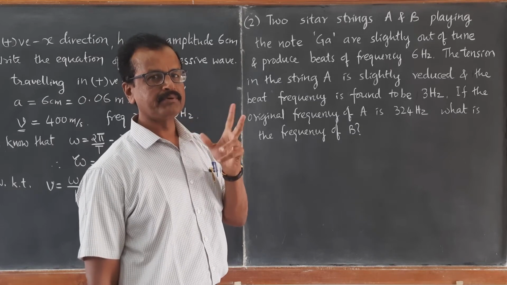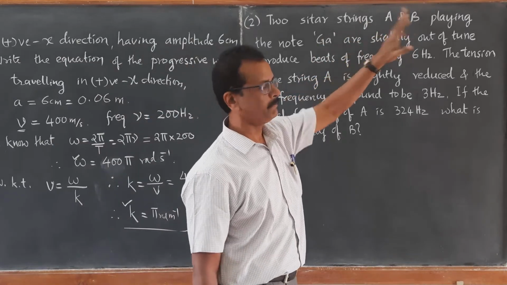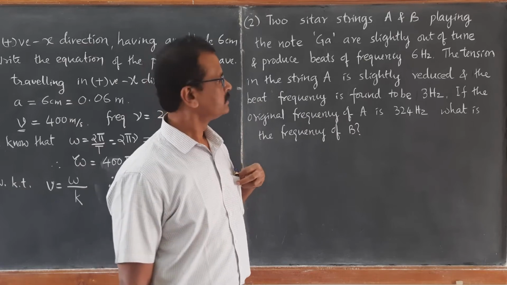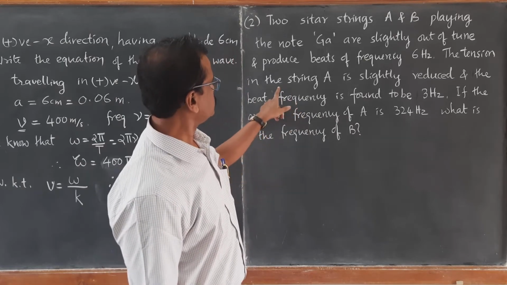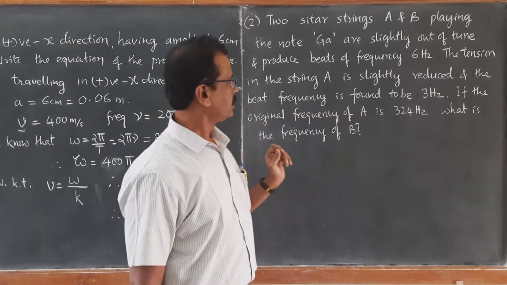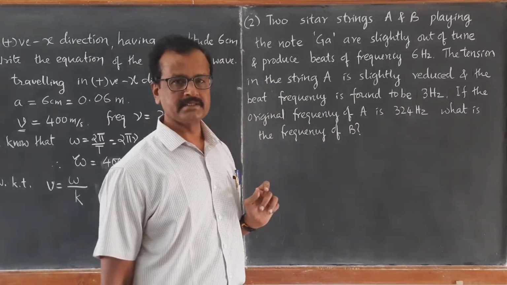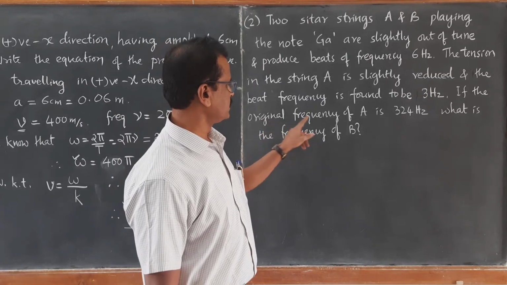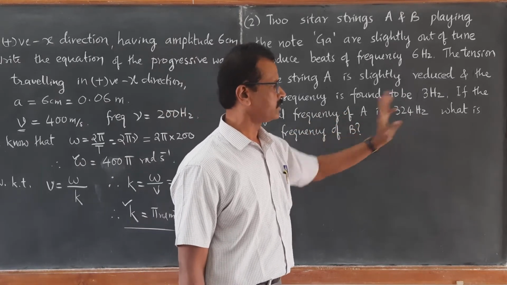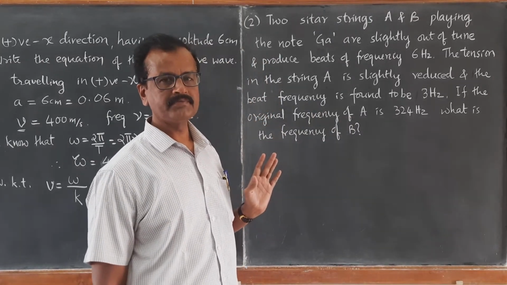Means the difference between the frequencies of these two strings A and B is 6 Hz. That is what we call the beat frequency. The tension in the string A is slightly reduced and the beat frequency is found to be 3 Hz. If the original frequency of A is 324 Hz, what is the frequency of B?